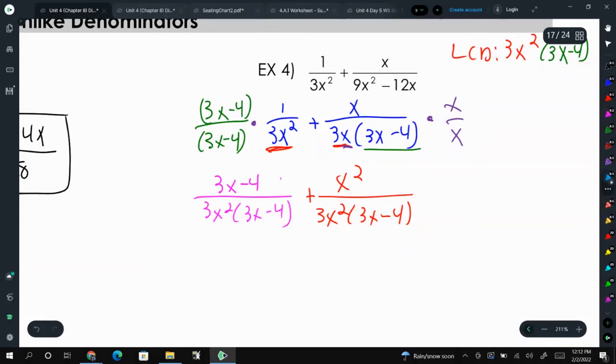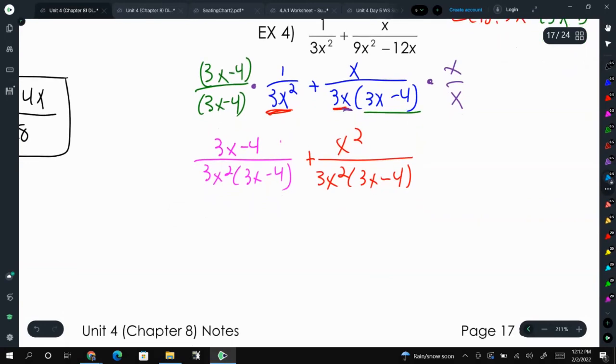Now I can add my numerators. There are no like terms. So I'm going to have x squared plus 3x minus 4 over 3x squared times 3x minus 4.